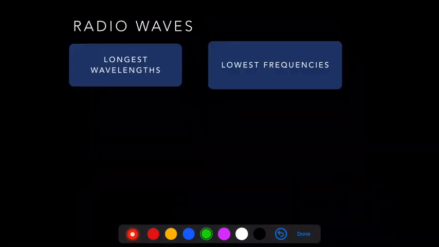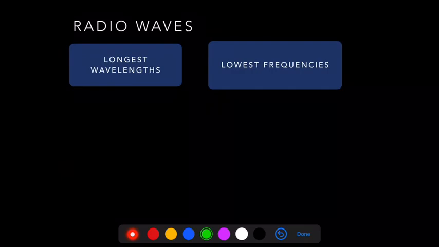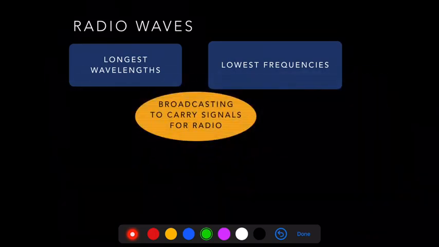Let's start with radio waves. Radio waves are those with the longest wavelengths and lowest frequencies. We use them in broadcasting to carry signals for radio.